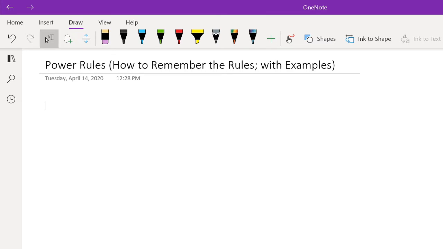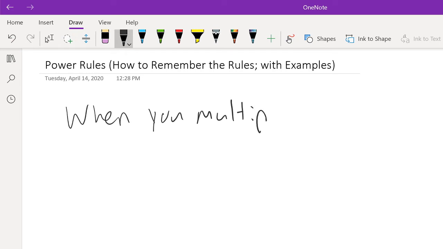So one of the rules is that when you multiply, and I'm not going to use a lot of technical language here, so it's not going to be super correct what I'm writing, but it's basically what's happening. So when you multiply, you add powers.